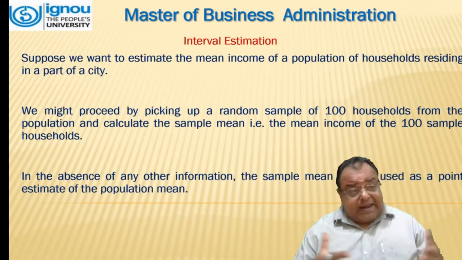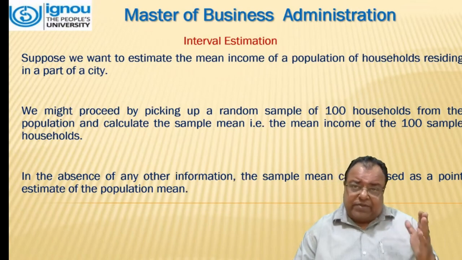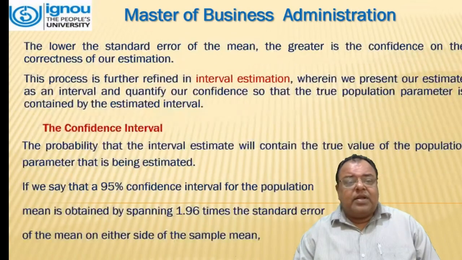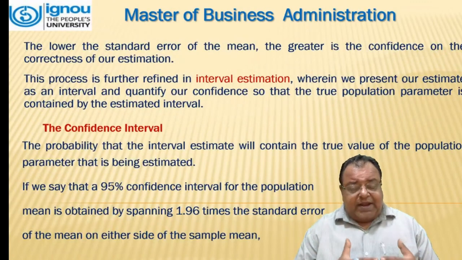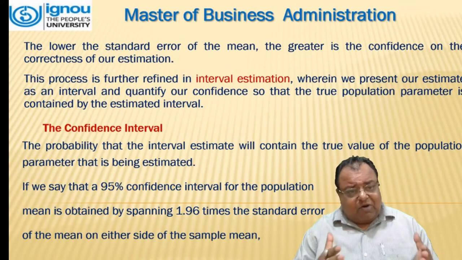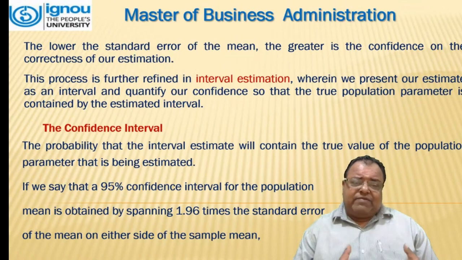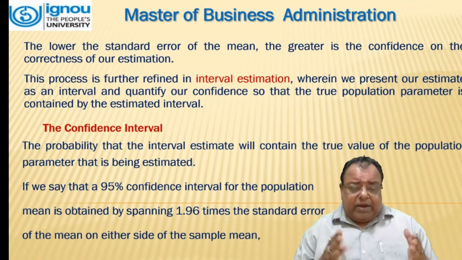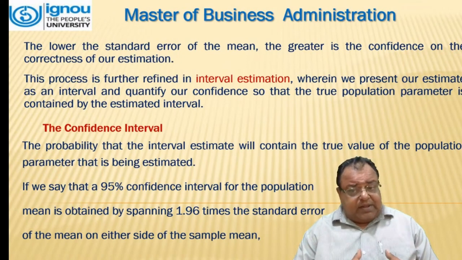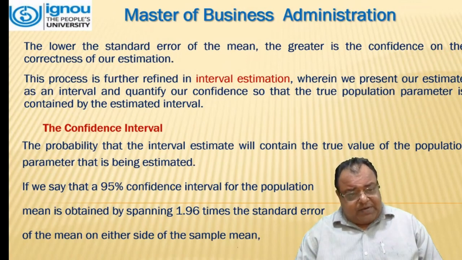In the absence of any other information, the sample mean can be used as a point estimate of the population mean. The lower the standard error of the mean, the greater is the confidence in the correctness of our estimation. This process is further refined in interval estimation, wherein we present our estimate as an interval and quantify our confidence so that the true population parameter is contained in the estimated interval.